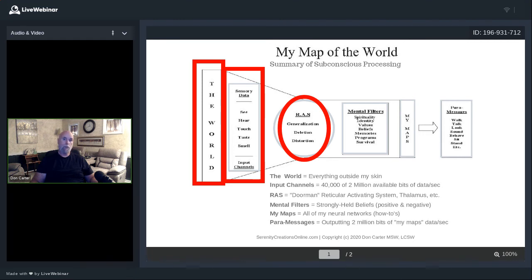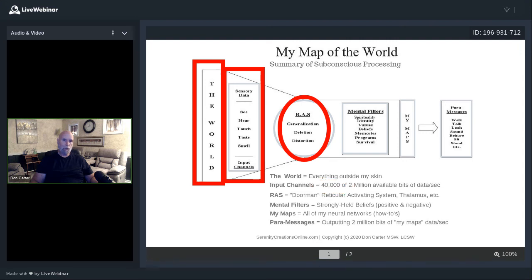In fact, I'm lucky consciously to hold on to 7 bits, like the 7 digits in a phone number. But subconsciously, the subconscious can process a lot more than the conscious mind. It can process about 40,000 bits of data. But which data do I let in?